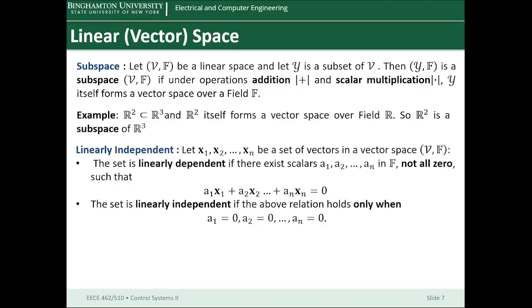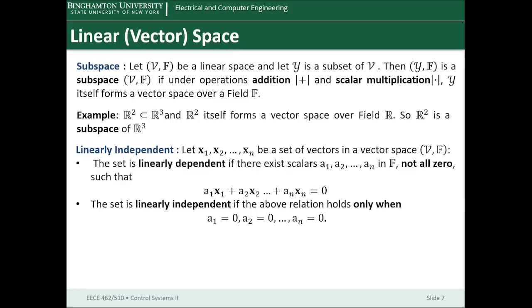Next, let's talk about linear dependence and independence. Is there any way we can describe one vector as a linear combination of other vectors? For example, we have x1, x2 to xn, all of them members of a vector space. These vectors are linearly dependent if there exist scalars a1, a2 to an in F, not all zero, such that a1 x1 + a2 x2 + ... + an xn is equal to 0.